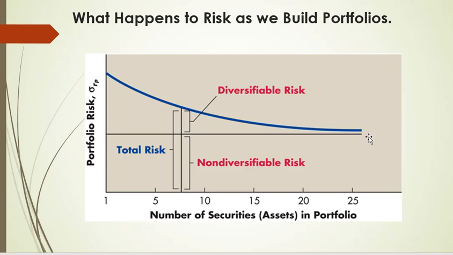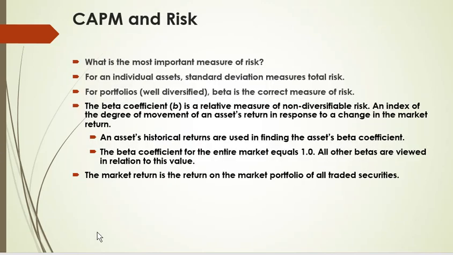There comes a point where creating bigger portfolios does nothing to the riskiness of the portfolio. So if you think about the capital asset pricing model, it demonstrates that there is a point of diversification where you can't eliminate more risk.